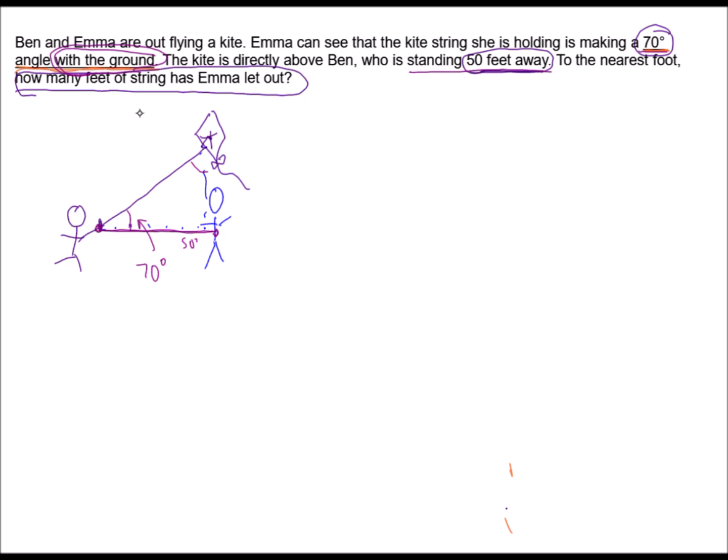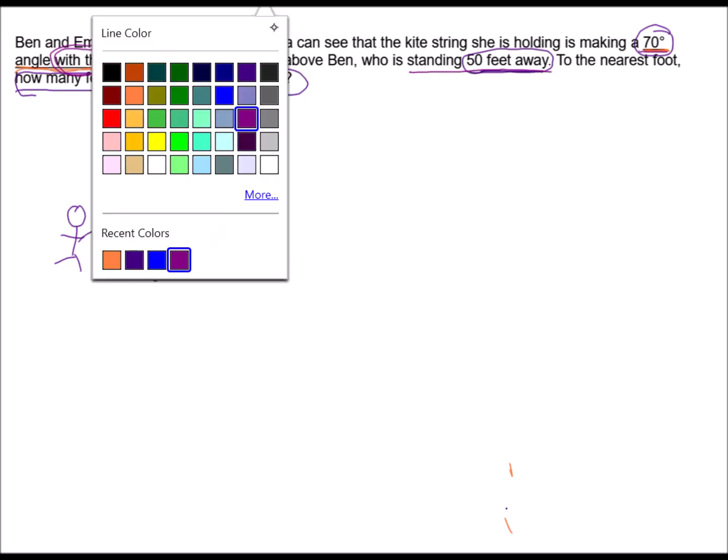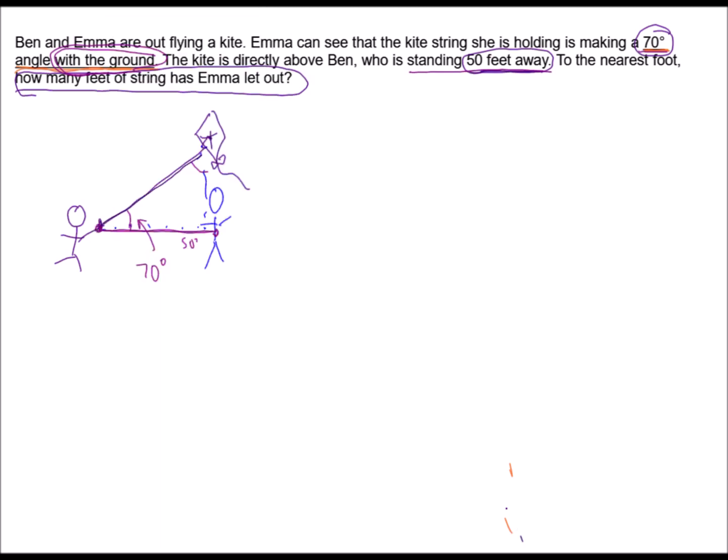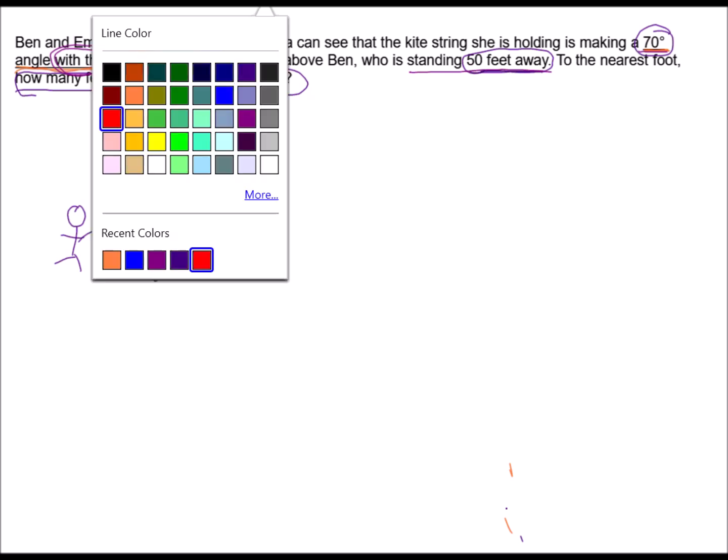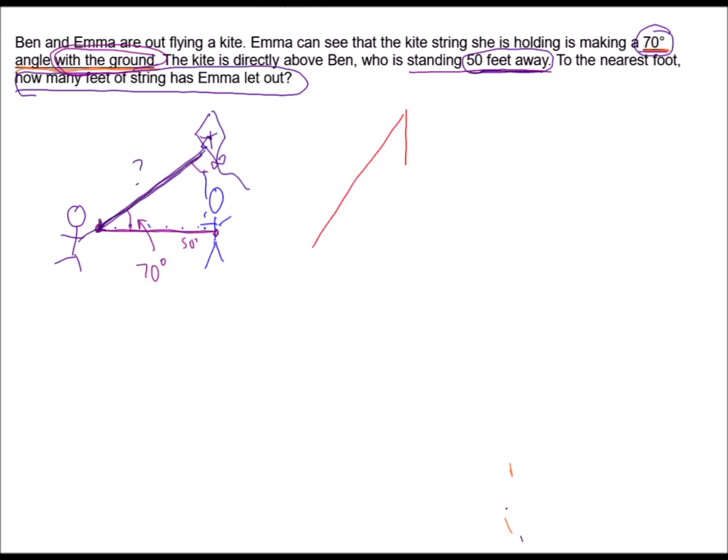We have to find how much string Emma has let out. Well, there's the string, so that's going to be what we find. All right, here's our right triangle, taking Ben and Emma out of the picture. Here was our 70 degrees.